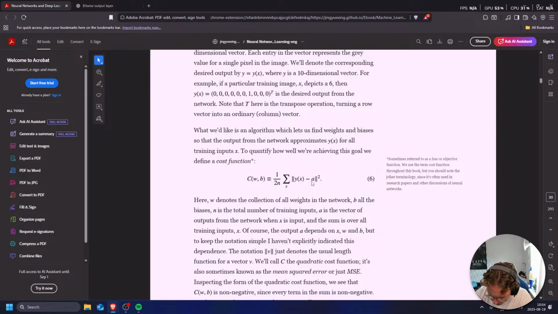And then we have n, which is the total number of training inputs. Okay.